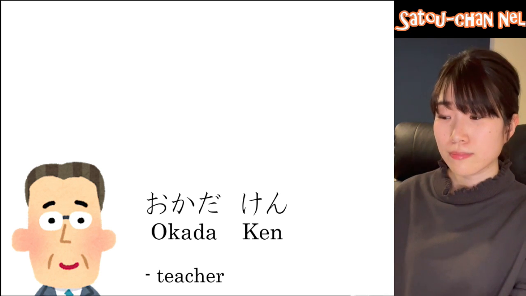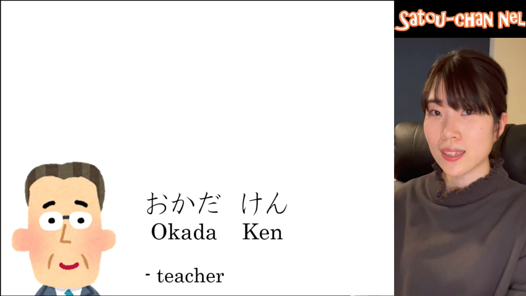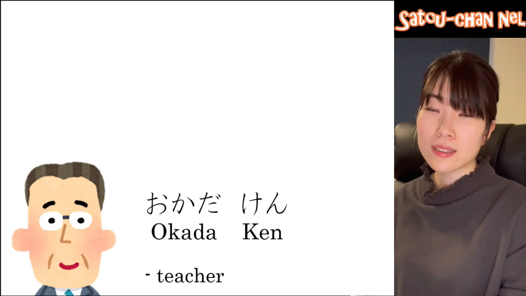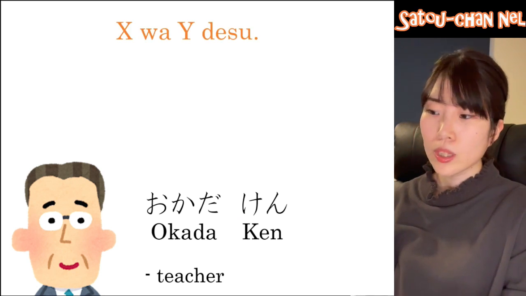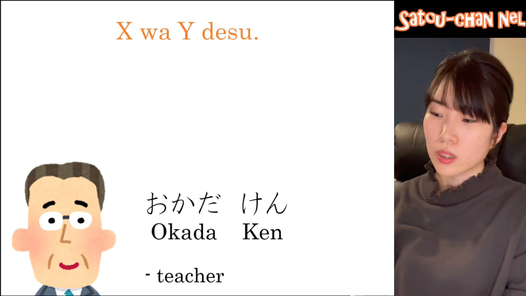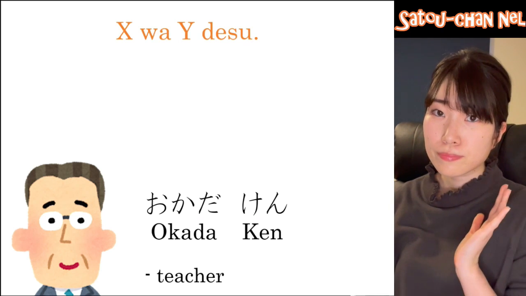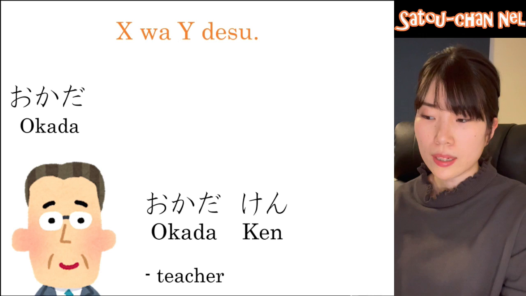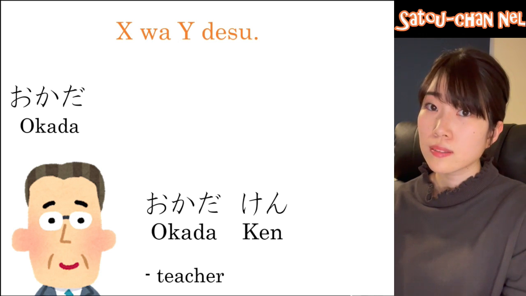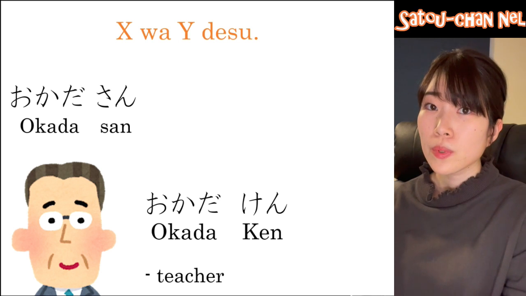Okay, next one. Okada Ken. He's a teacher. So this grammar again, X wa Y desu. Let's use his last name here. Okada. And then san, Okada-san, to be polite to him.